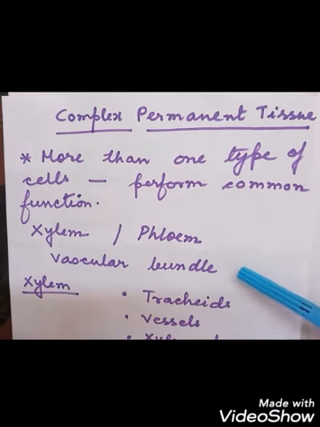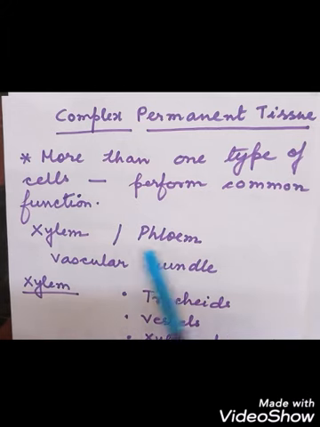This type of tissue is made up of more than one type of cells, but they will perform a common function. All the cells will coordinate, they will work together to perform a common function. So the xylem and phloem are called what? They are vascular bundles. They are mainly conducting tissues.